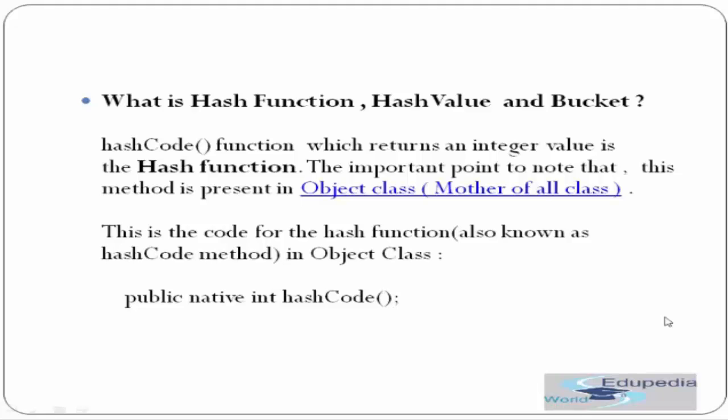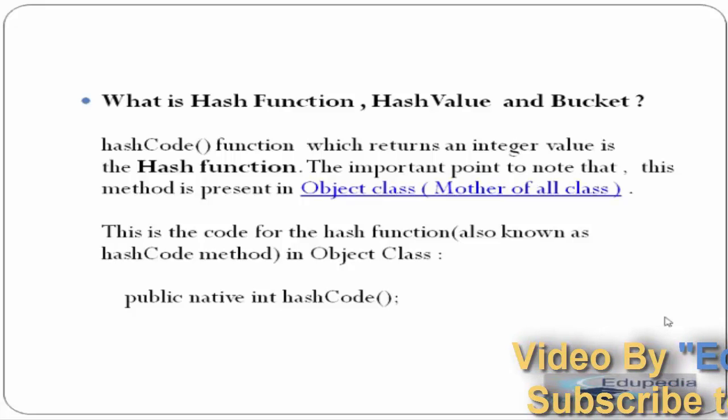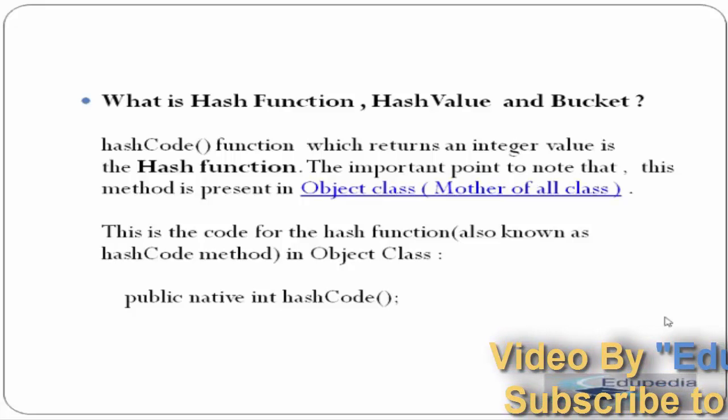Now, what are hash function, hash value, and bucket? Well, the hashCode function, which returns an integer value, is the hash function. The important point to note is that this method is present in the Object class, which is also called the mother of all classes. This is the code for the hash function, also known as the hashCode method in the Object class.